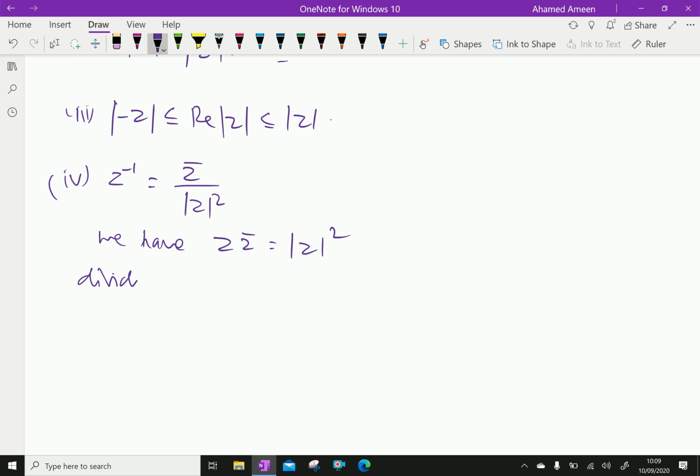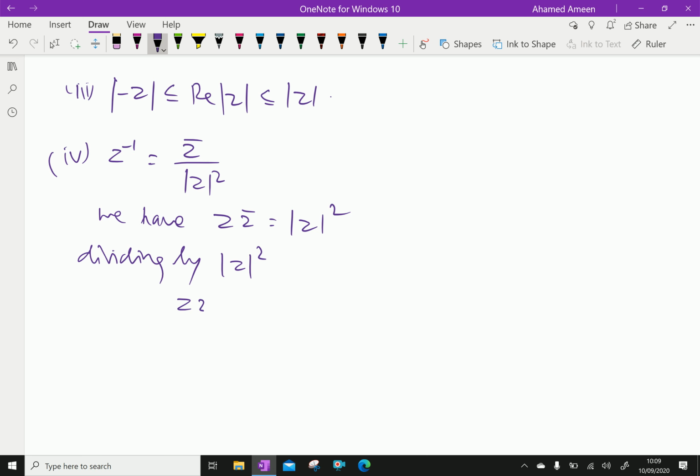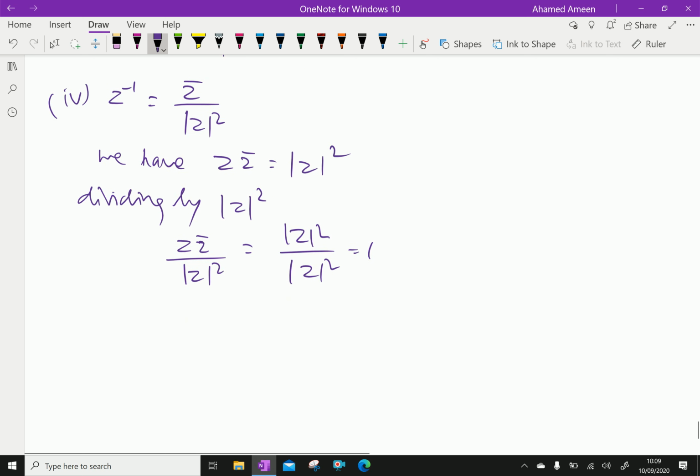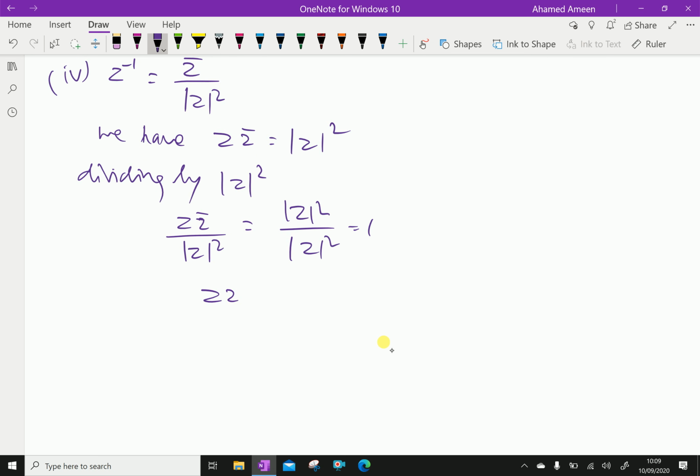Dividing by modulus z squared, we have z z bar over modulus z squared equal to modulus z squared over modulus z squared, which is equal to 1. Therefore, z z bar by modulus z squared equals 1.